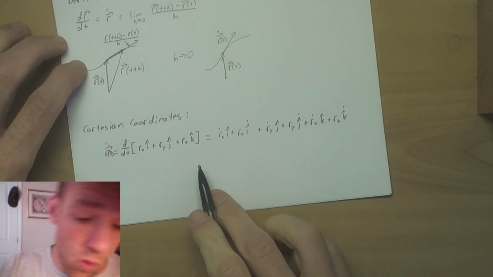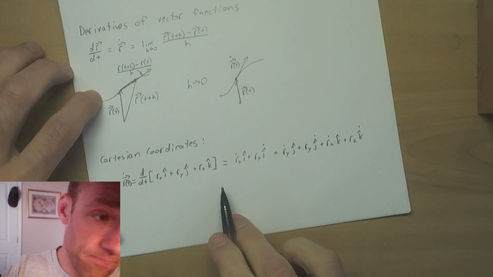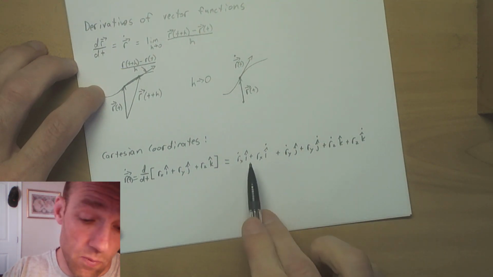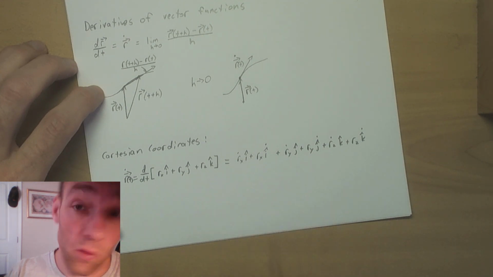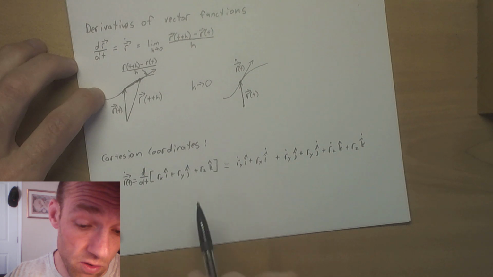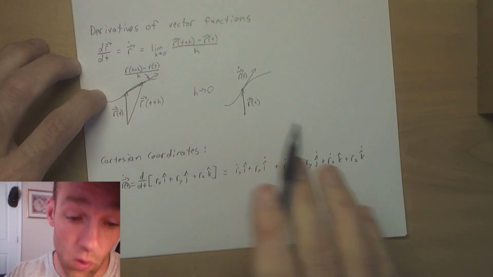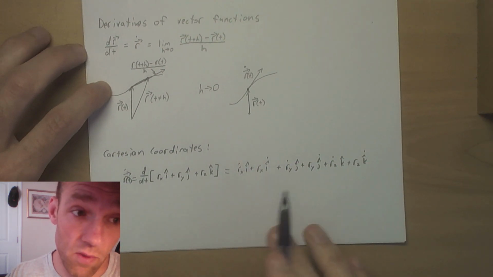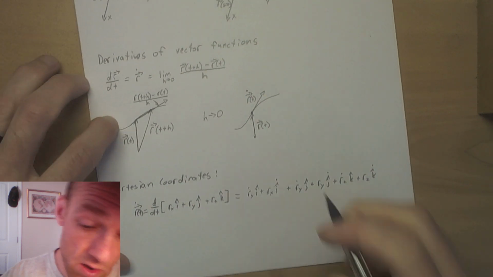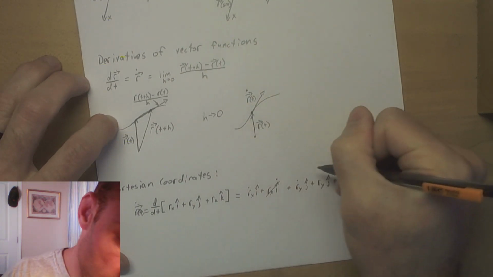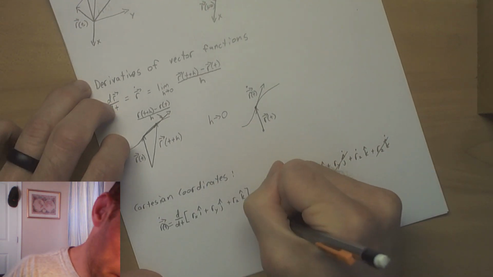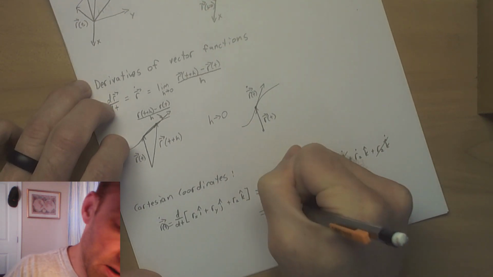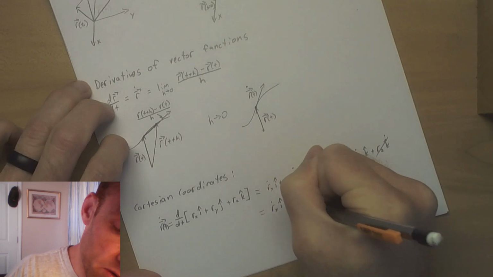So in Cartesian coordinates, we have this where the time derivatives of these vectors are 0. They remain constant throughout the space and for all time. They're constant, so these all wind up canceling out. So we get the simple expression of just taking the time derivatives of each of the components.